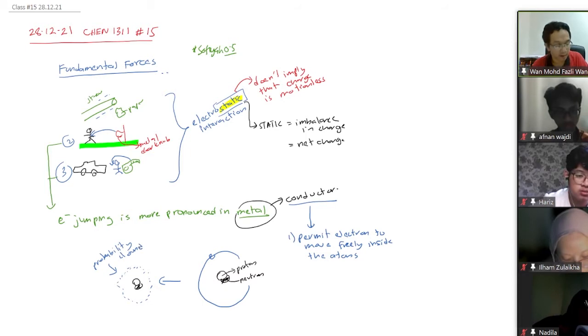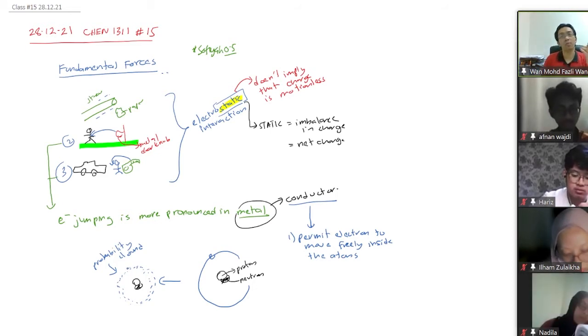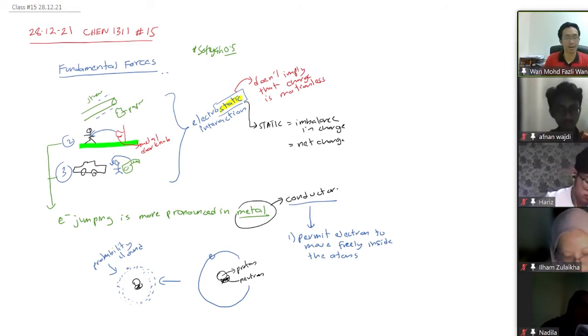What it means is that the more accurate representation of how the electron revolves around the nucleus is that they are like a region, what we call the probability region, that is more favorable for you to find the electron.